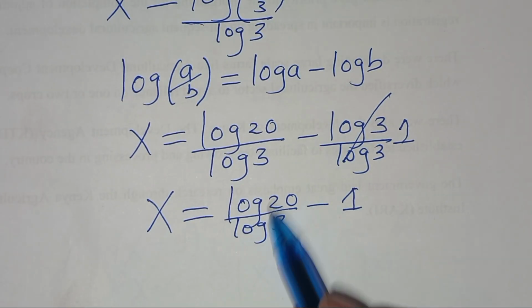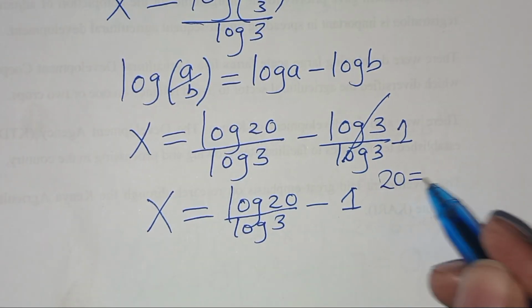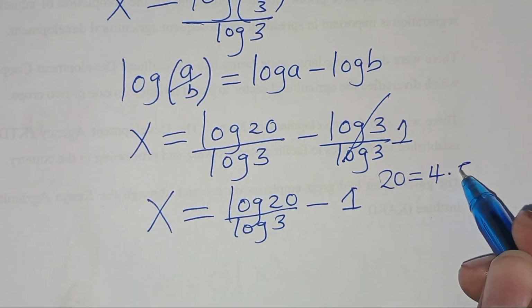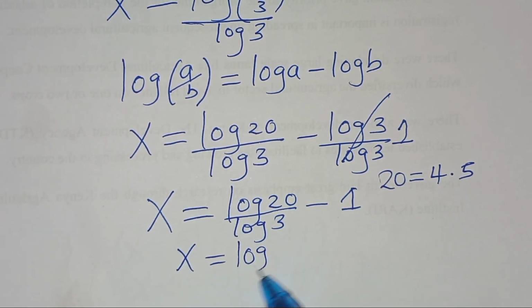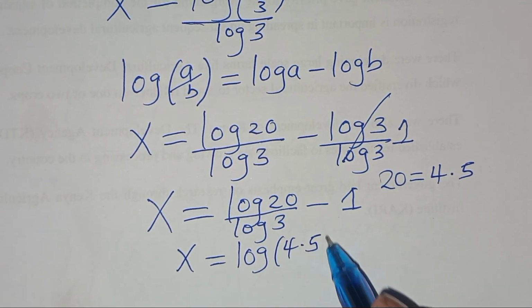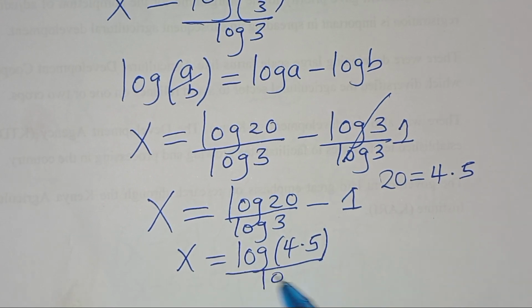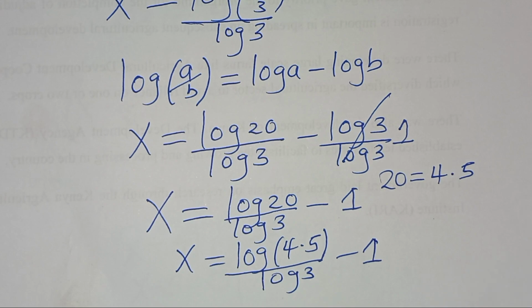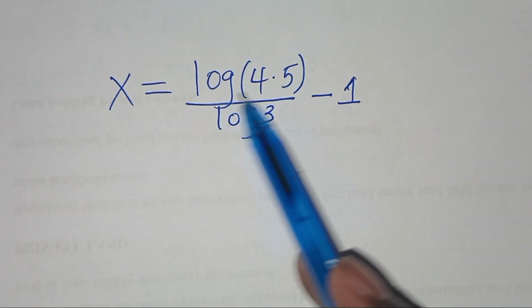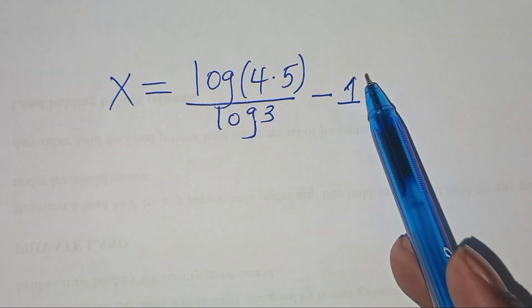The next step here, we can express 20 as 4 times 5. So this is the same thing as x is equal to log 4 multiplied by 5 divided by log 3, then subtract 1. So let's proceed from here. Now here we have x is equal to log 4 times 5 divided by log 3 minus 1.